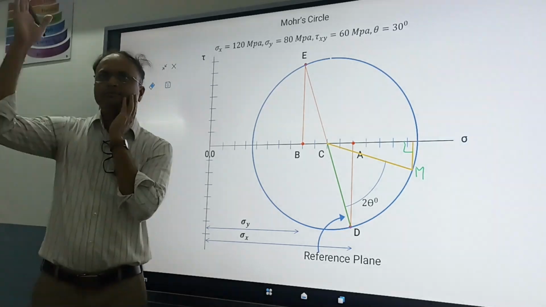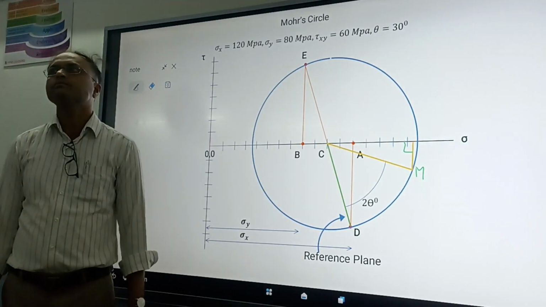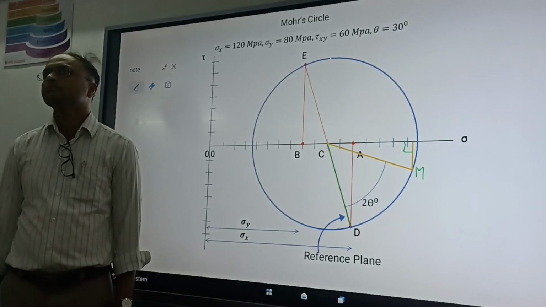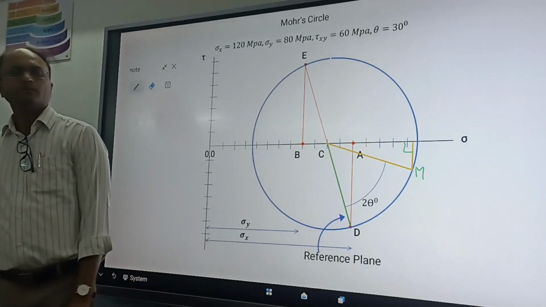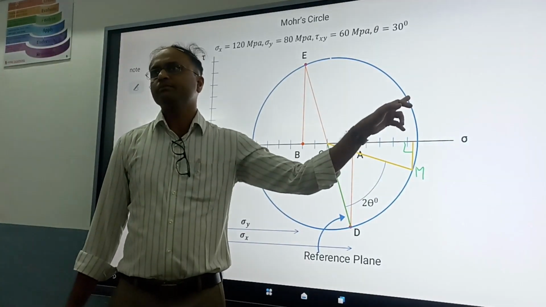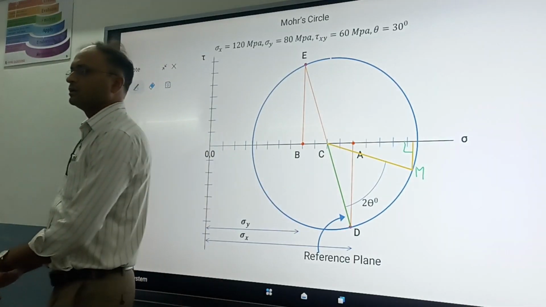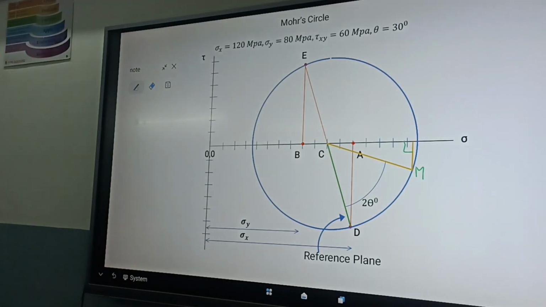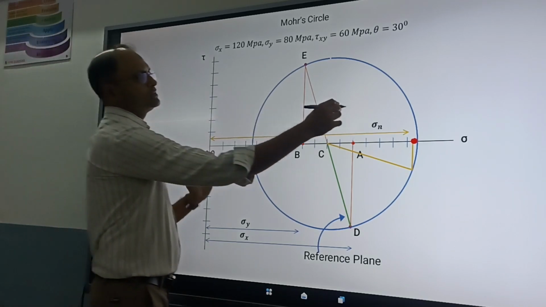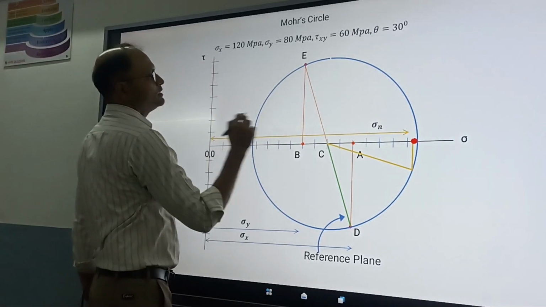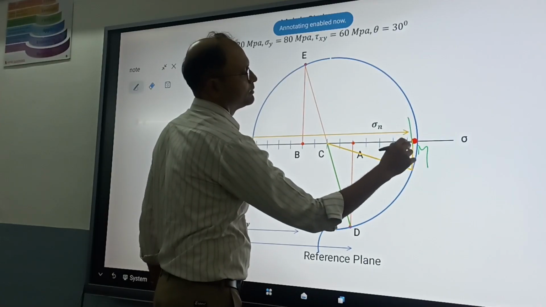Vertical line, in short. Vertical line from M. Measure this distance now. From origin, measure this distance. Measure distance OM.